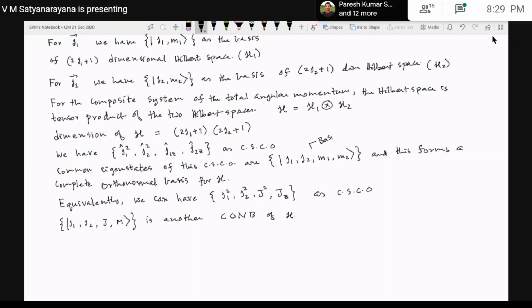Let us call this basis 1 and this basis 2.